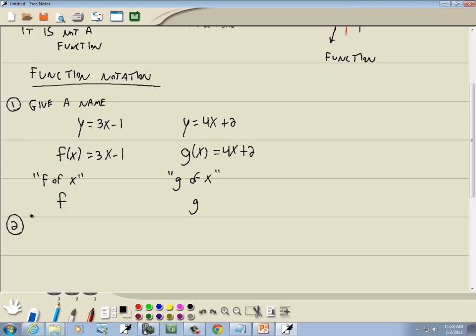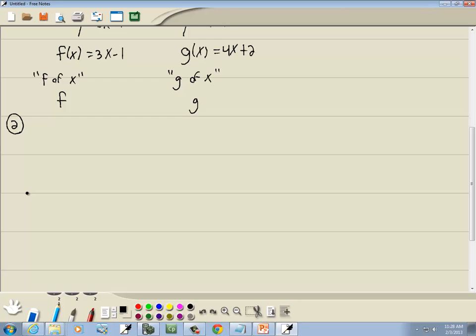Now the second purpose is for evaluating. Let me show you an example to demonstrate what I'm talking about there. You saw these in an earlier math class. It would say evaluate y is equal to 3x minus 1 for y when x is equal to 2.